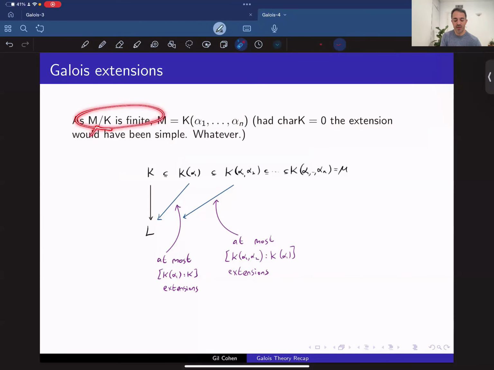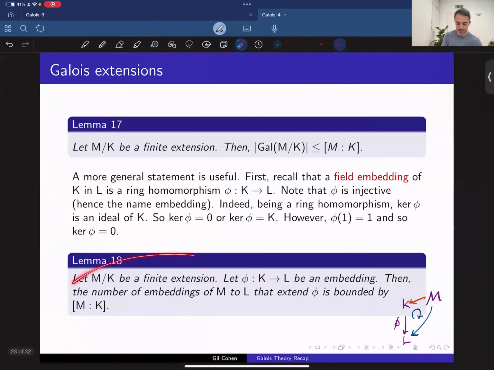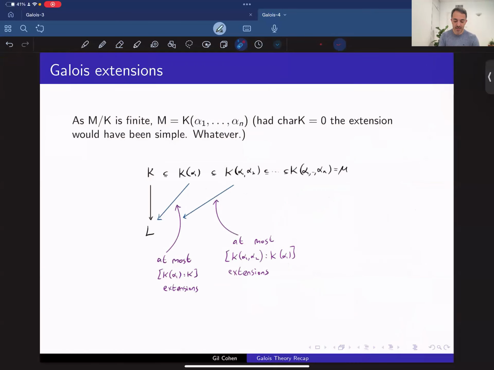So first of all, as M over K is finite, that's the assumption here, you know that it's finitely generated. That's a simpler thing. And we said that if you are finitely generated and algebraic, then that's equivalent to finite and so forth. We won't be needing it here. So there are some finite number of generators that together with K generates all of M. And by the way, I should say, we'll talk about it later, that in characteristic 0, you're guaranteed to have one generator in every finite separable extension, but that will be later on.